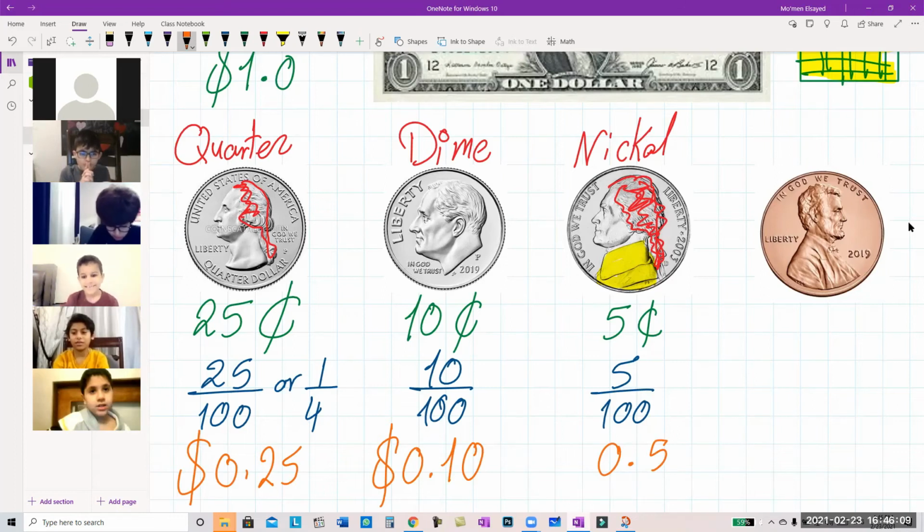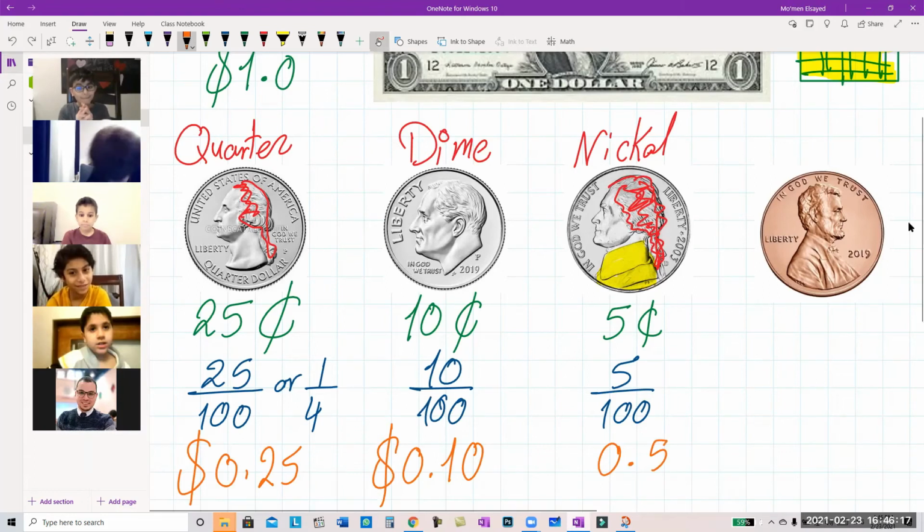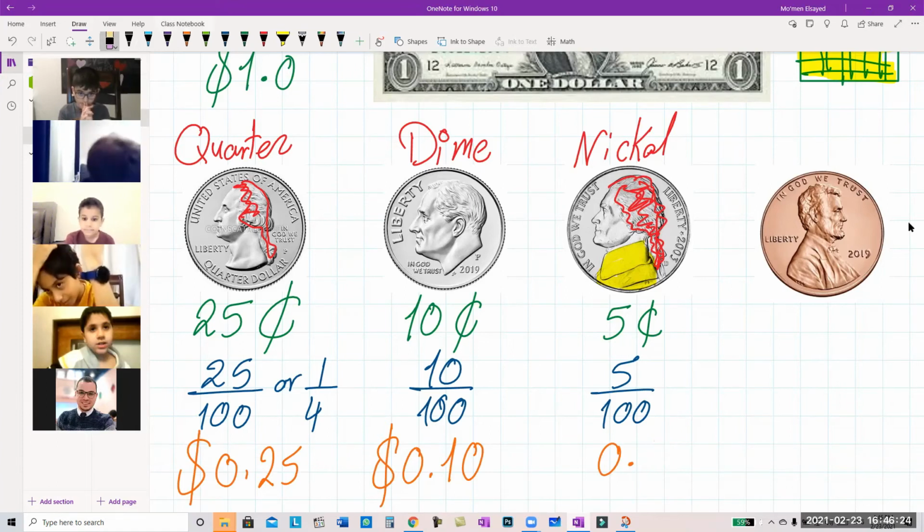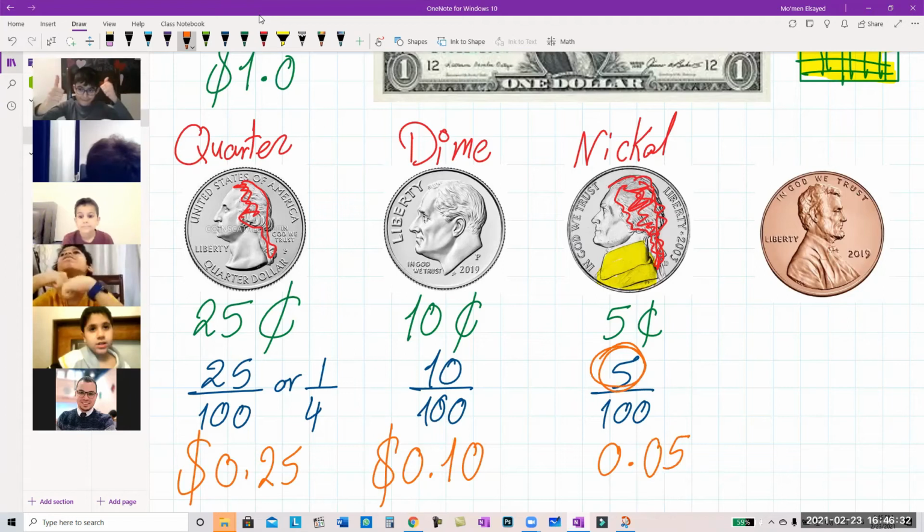We have two zeros down, so you have to put two digits after the decimal point. You can't put only one number after the decimal point, so you have to put the zero and then the number.